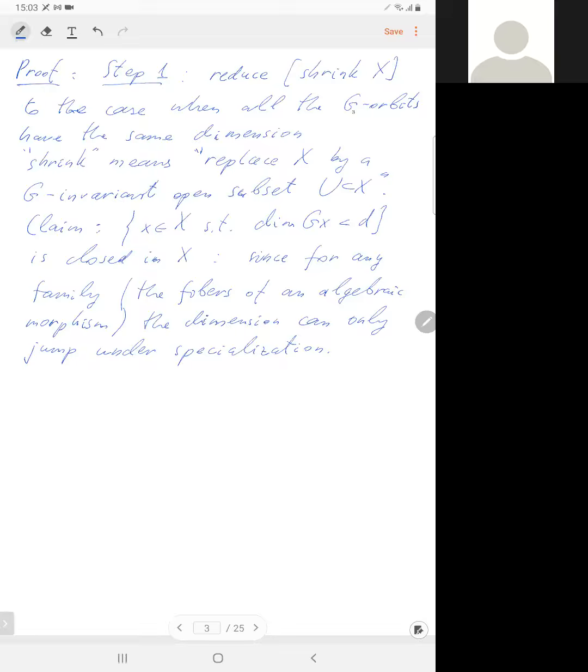And by the way, let me formulate a small aside. For this reason, the G orbits cannot form an algebraic family.